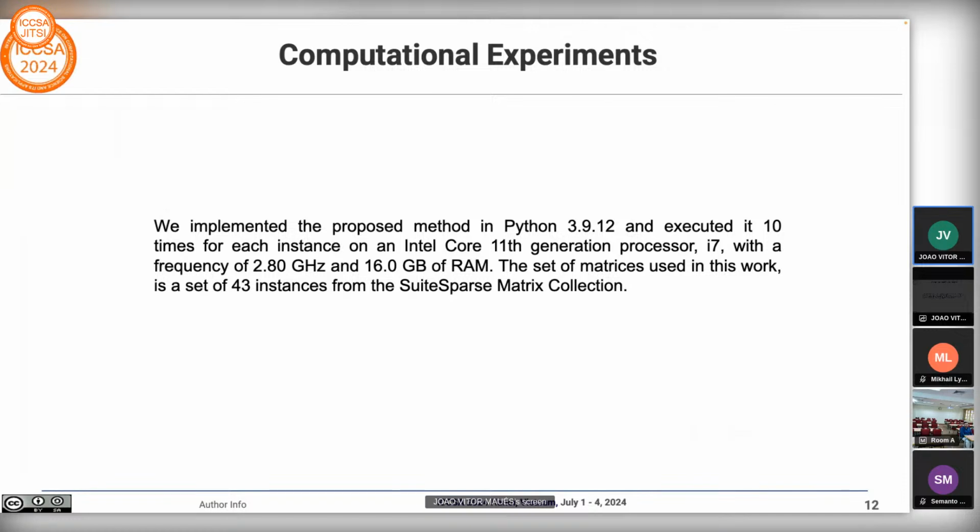The method was implemented in Python 3.9 and executed 10 times for each instance on an Intel Core 11th generation i7 processor with a frequency of 2.8 gigahertz and 16 gigabytes of RAM. The set of matrices used in this work is a set of 43 instances from the SuiteSparse Matrix Collection.